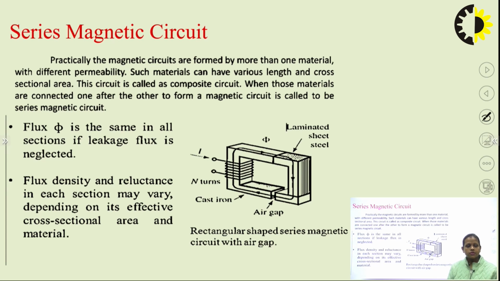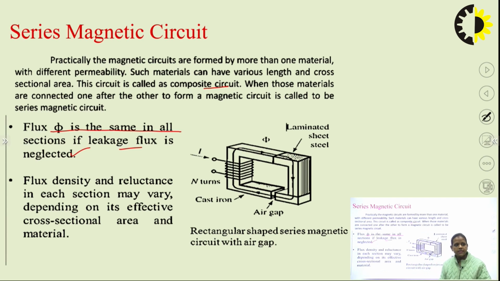This circuit is called a composite circuit, because it is made up of different types of material. When those materials are connected one after another to form a magnetic circuit, it is called a series magnetic circuit. In a series magnetic circuit, the flux is the same in all sections, and if there is any leakage flux, we will neglect it.